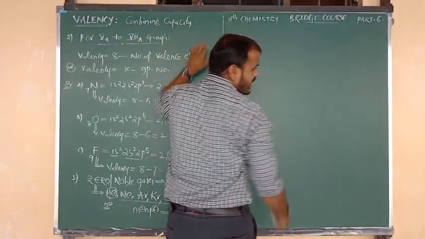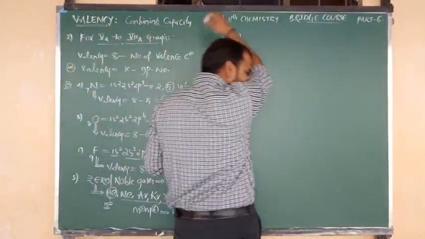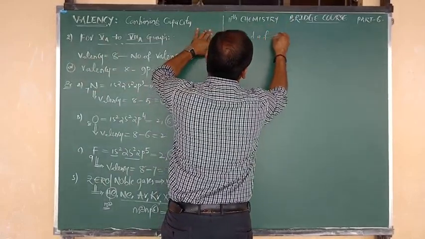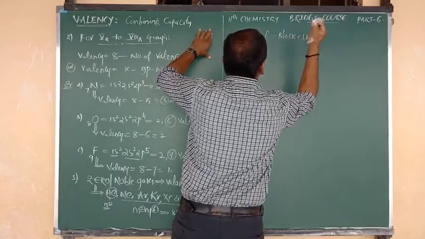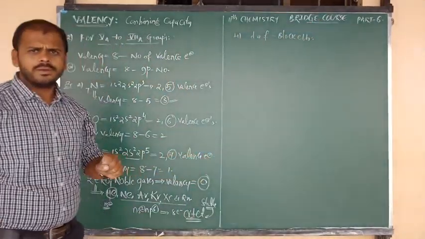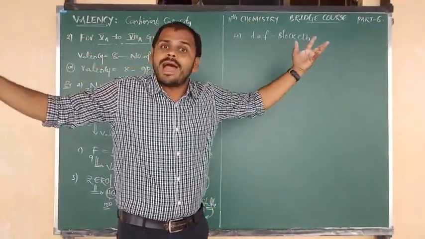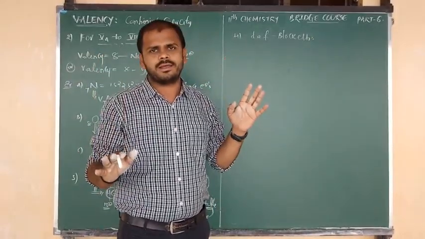Next, I am going to show you the 4th variation. That is about the D and F block elements. So listen, my dear students, all of you. D and F block elements actually show variable valencies. That means they show a number of valencies.